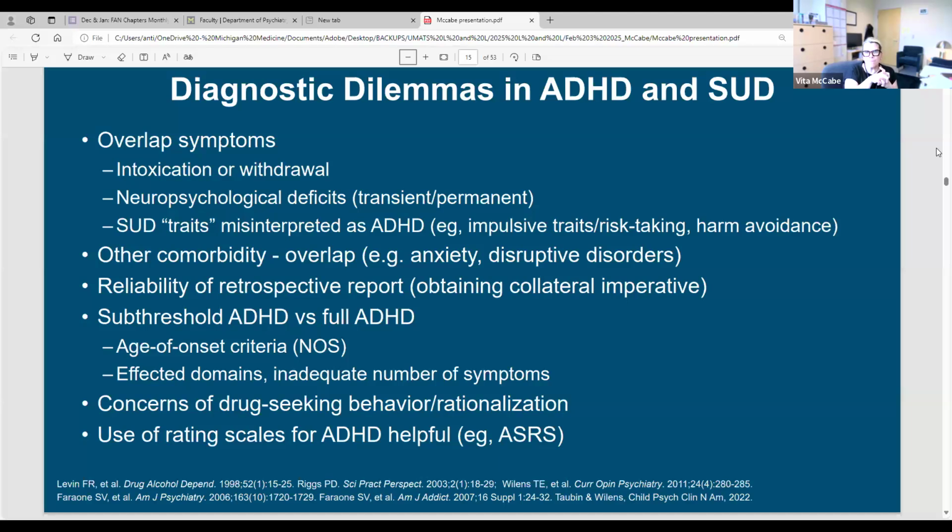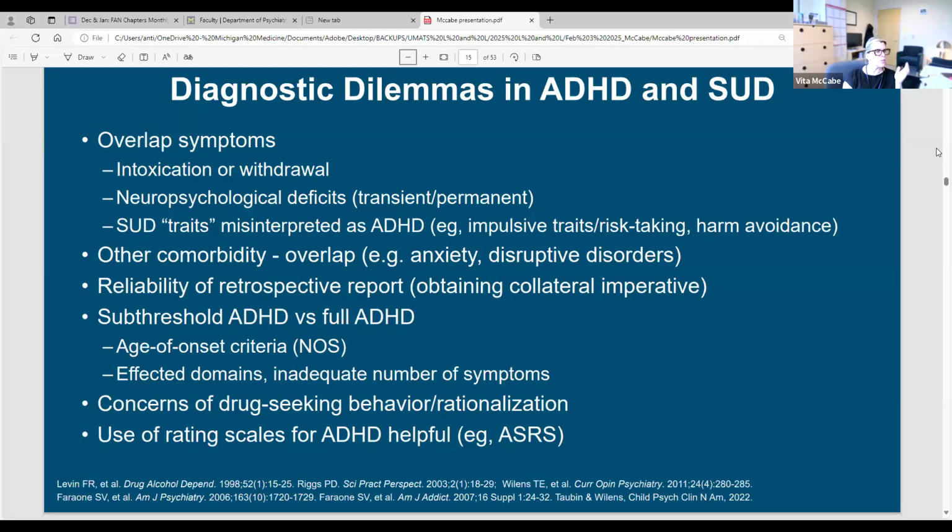So if I am thinking about, and most people who do a lot of treatment with this, when you are thinking about starting a stimulant in somebody, especially with a substance use disorder, especially if the first time they're starting treatment is 8th grade or after, I will often require a release of information to talk to a sibling, a parent, somebody who knew them from childhood to try to establish that this was a neurodevelopmental disorder for the person, because the risks are so high.